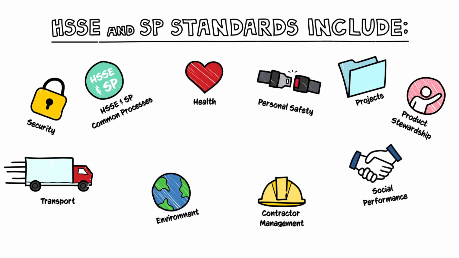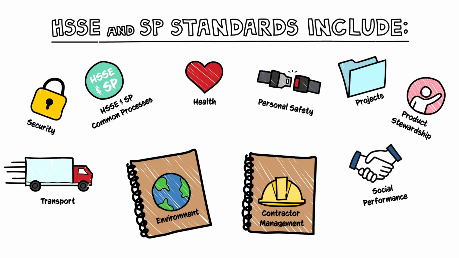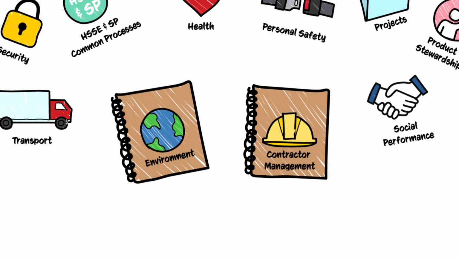The HSSE and SP framework manuals provide us with detail and scope to the above standards. Let's take a deeper look at the Environment Manual and Contractor Management Manual. Did you remember that manuals are the detailed instructions we need to implement the standards?